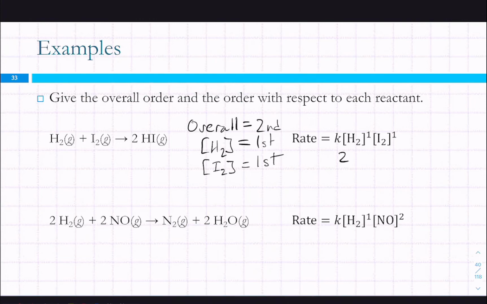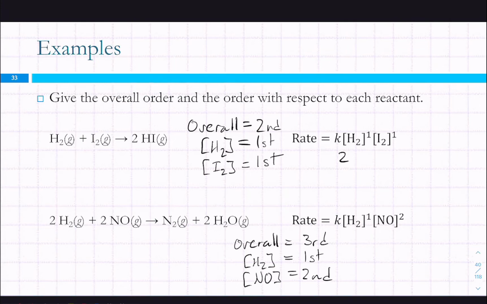And then for this next reaction, our overall reaction is third order. With respect to hydrogen, first order. And then for nitrogen monoxide, second.